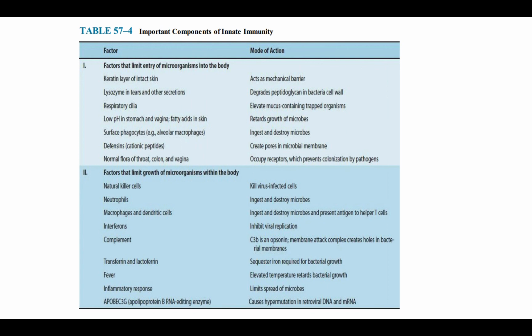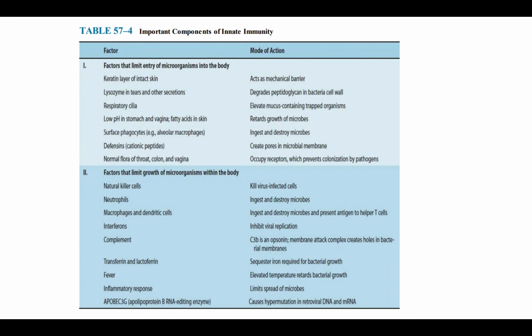Okay. Another thing that complement does is make a membrane attack complex, which works in a similar fashion to perforins and creates holes in bacterial membranes. Transferrin and lactoferrin, we talked about them in the previous growth 2 lecture. We said there's a tie-in with immunology: your body wants to prevent bacterial growth, and bacteria require iron for their growth.